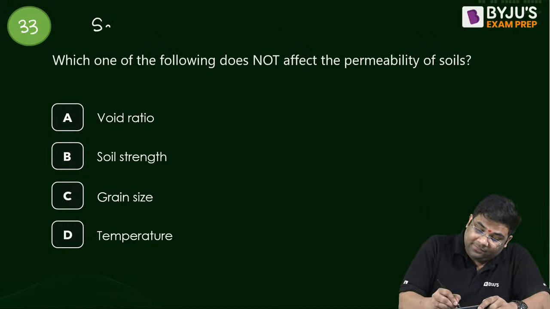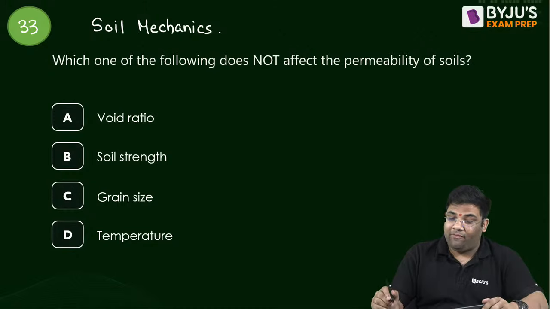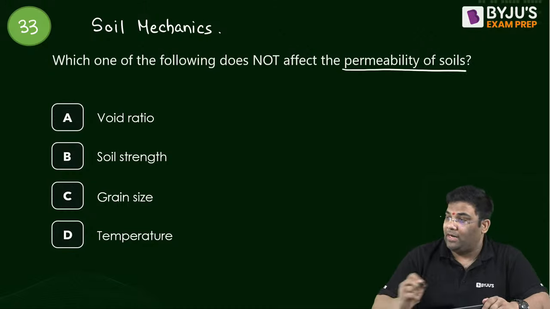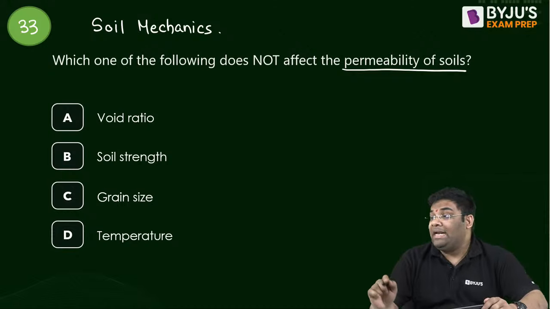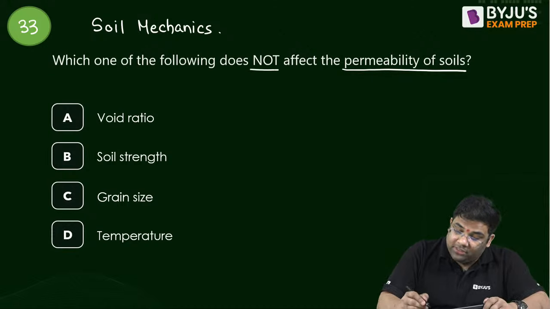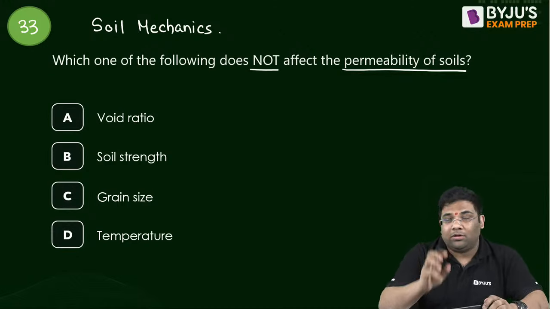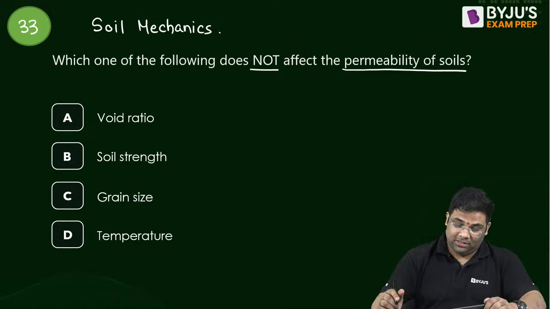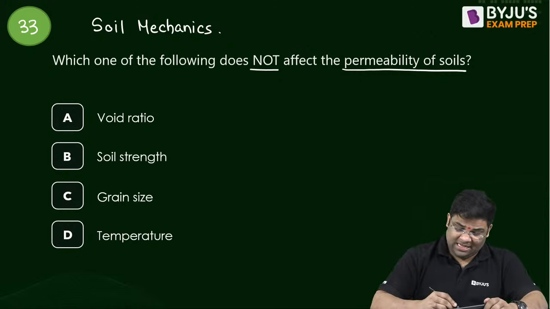Soil mechanics again. Which of the following doesn't affect the permeability of soil? Okay, they have put NOT in capital also. Answer what? Grain size? No. Soil strength? Yes, soil strength.